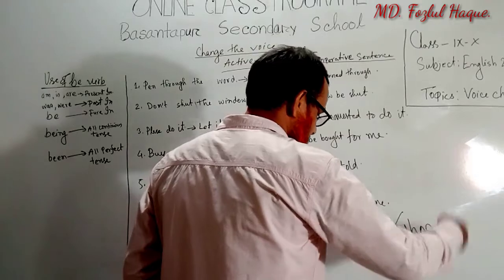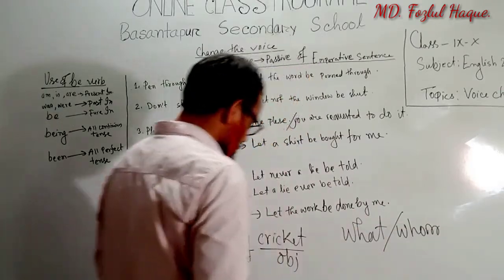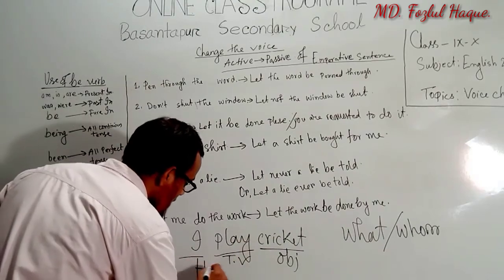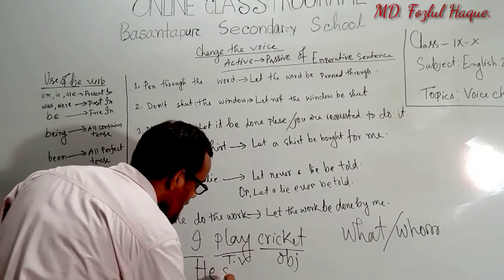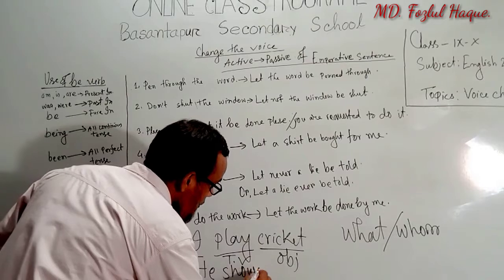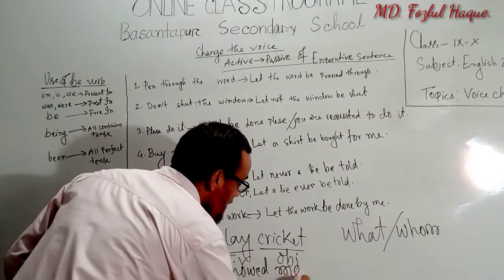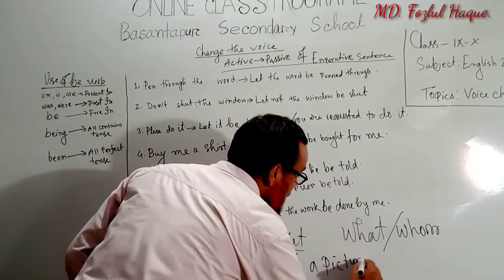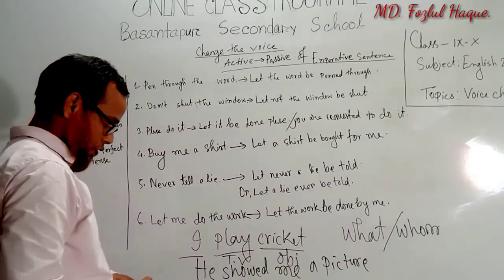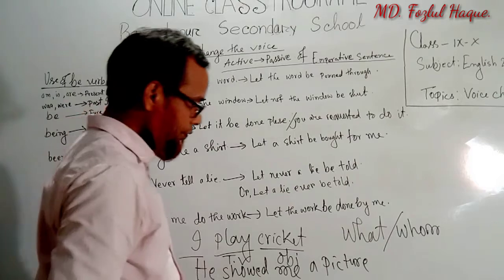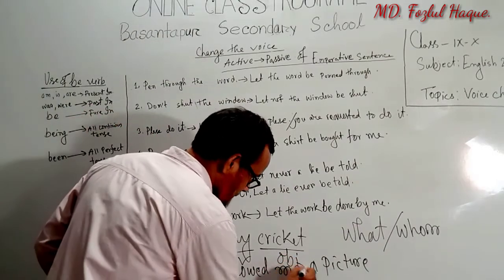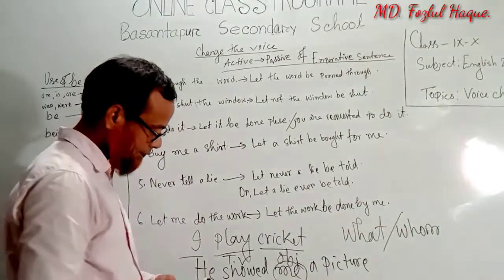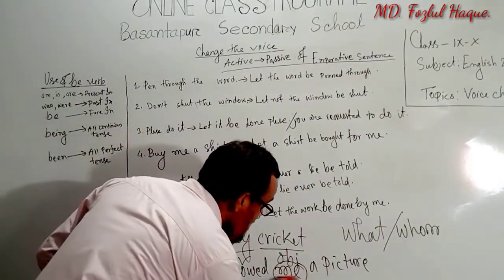By asking what or whom, we find the object. He showed me a picture. Whom did he show? Me. So me is the object.